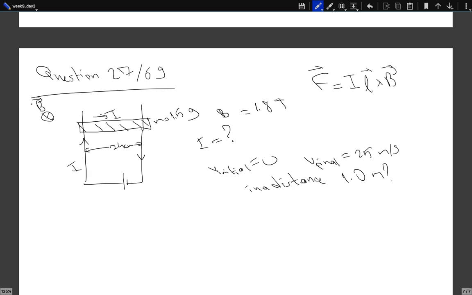So this is the direction of B. How much force should we exert on this thing if we want it to go from rest to 25 meters per second in 1 meter? What should be the acceleration? Now this is the mechanics part. This part of the question has nothing to do with magnetic fields.